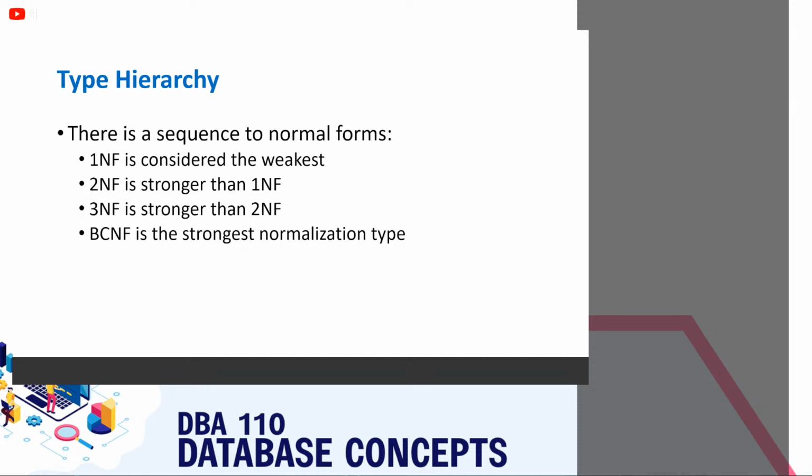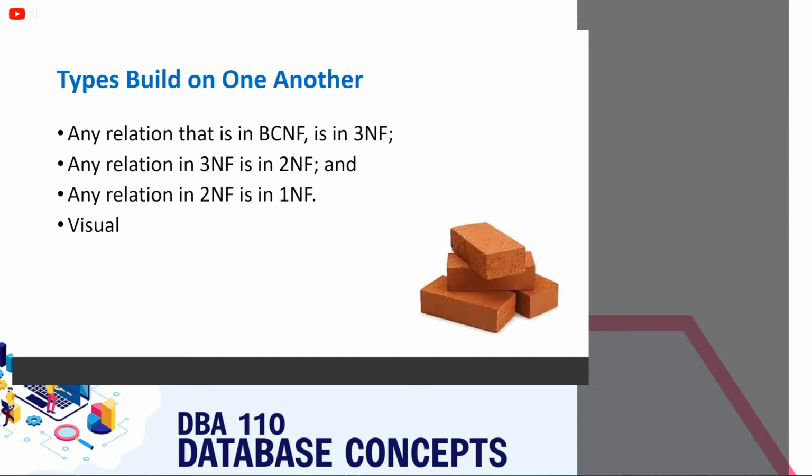Now, I said these build on one another, right? To get into second normal form, you must first be in first normal form. To get into third normal form, you must first be in second normal form, which means that you also must first be in first normal form.